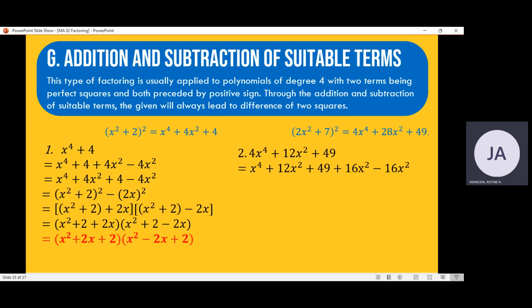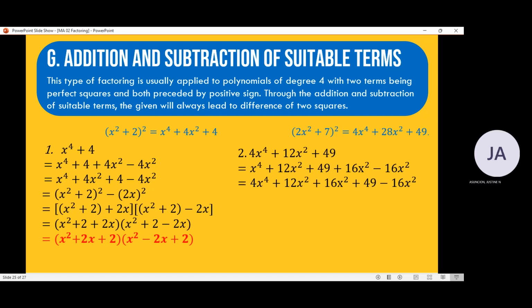Now, let's regroup again. Let's combine like terms. So 4x raised to 4 plus 12x squared plus 16x squared plus 49 minus 16x squared. And 12x squared plus 16x squared is 28x squared. So as you can see here, we can now utilize quantity 2x squared plus 7 squared.